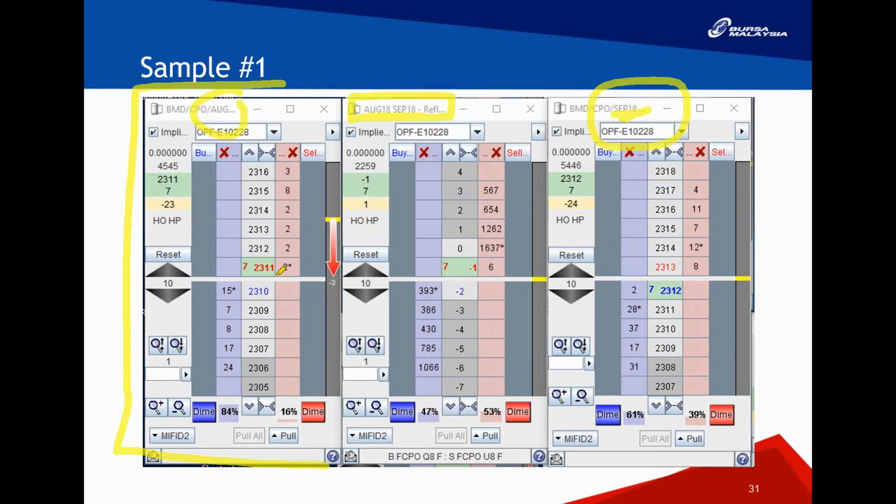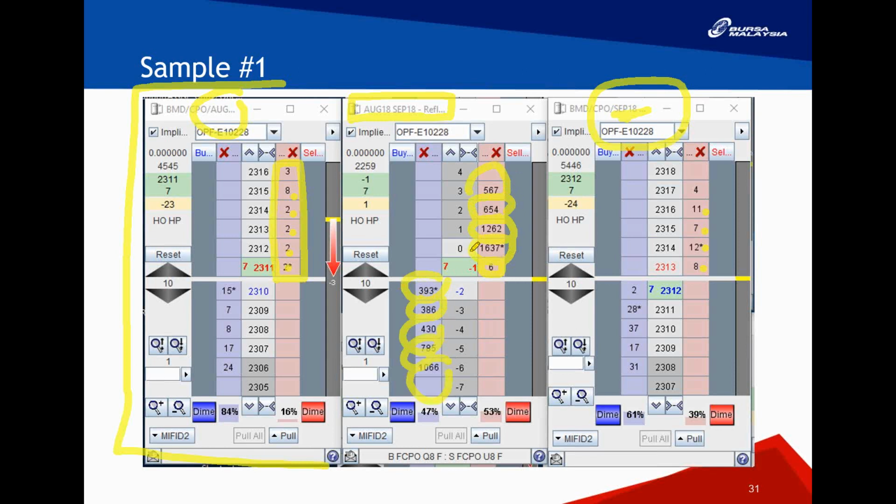Do you notice that this contract has got the volume 2 lot, 2 lot, 2 lot, 2 lot, 8 lot? September has got 8 lot, 12 lot, 7 lot, 11. But the spread contract has got 1,600 and 1,200 and 600 and 500. And here is about 400, 400, 400, 800, 1,000.